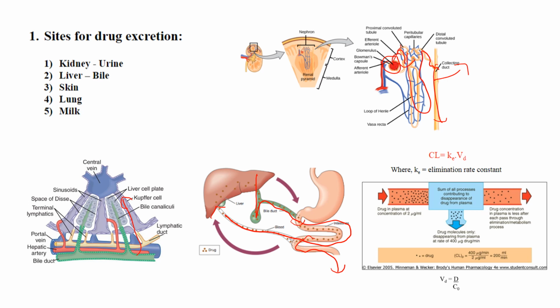But essentially, you could model clearance with this equation, Ke being essentially the elimination rate constant, and Vd being the volume of distribution, which is essentially just the initial dose of drug over the concentration of drug at the start time.